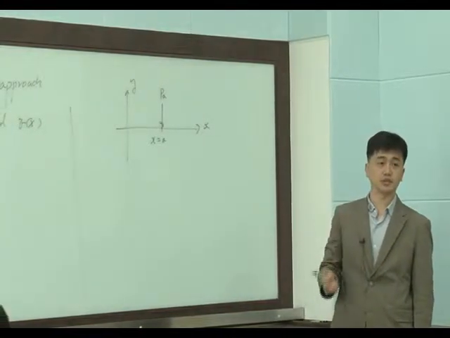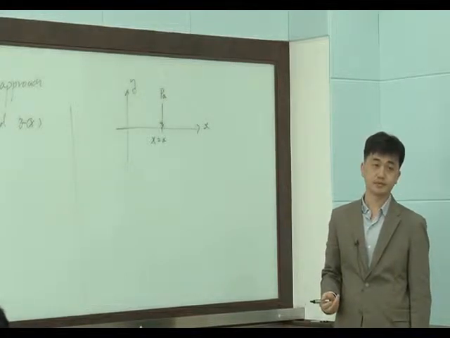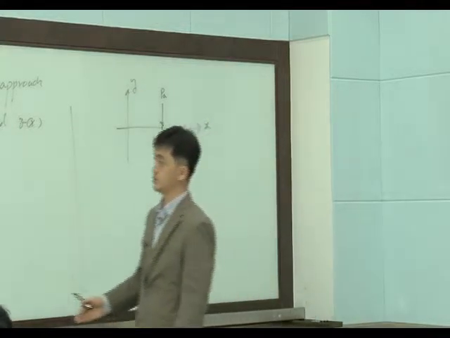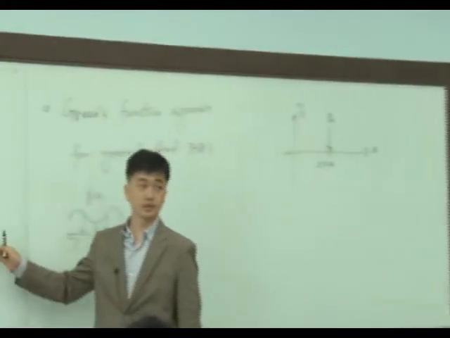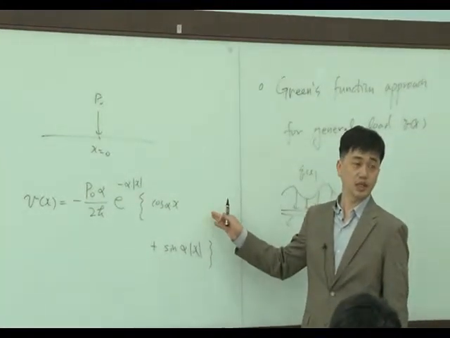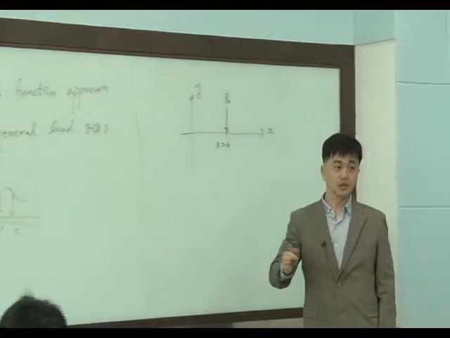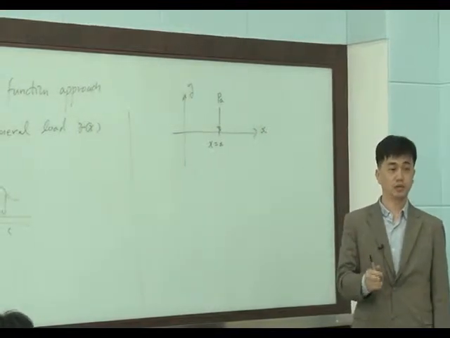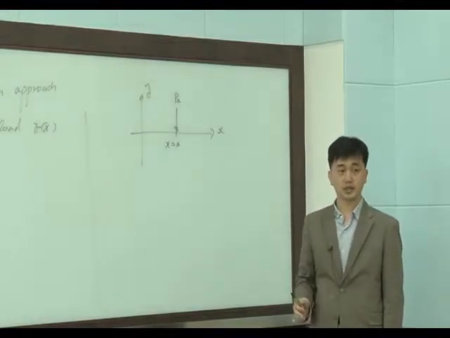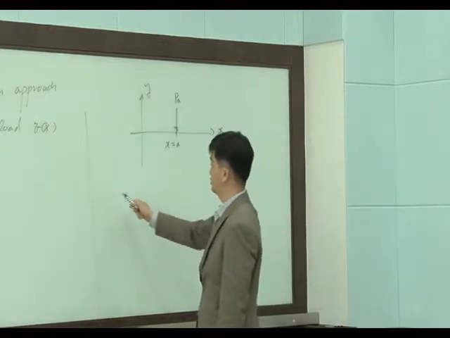Then what's going to be the solution? So this is the solution when the load P is applied at x equals 0. So the only difference is the position where the force is applied, right? So if we shift that solution, we can find it.